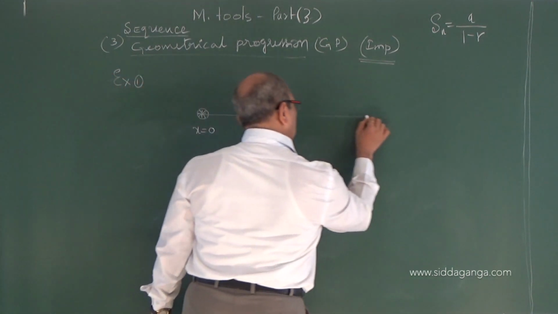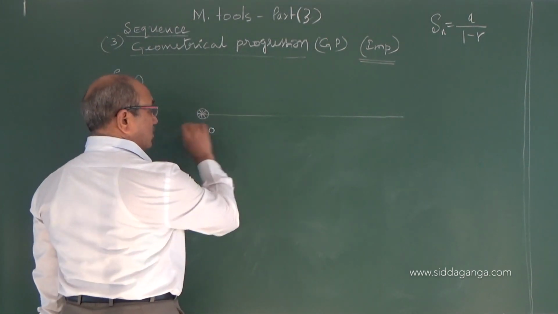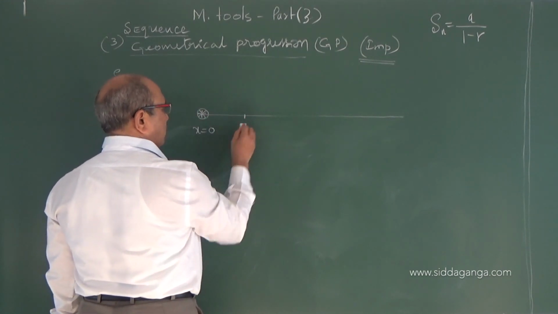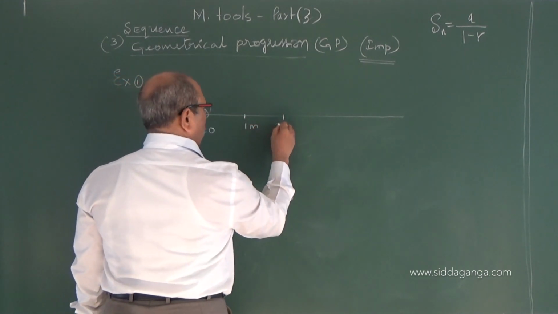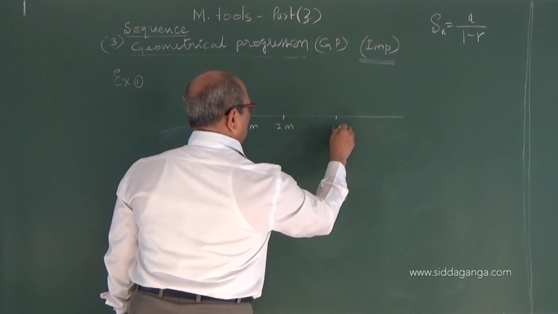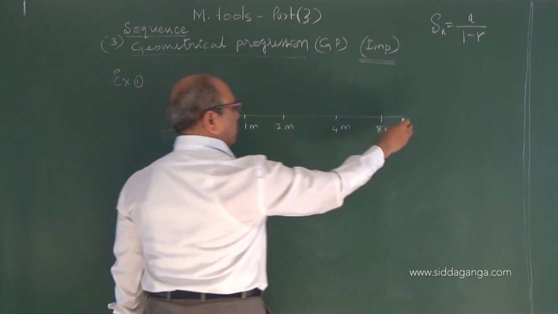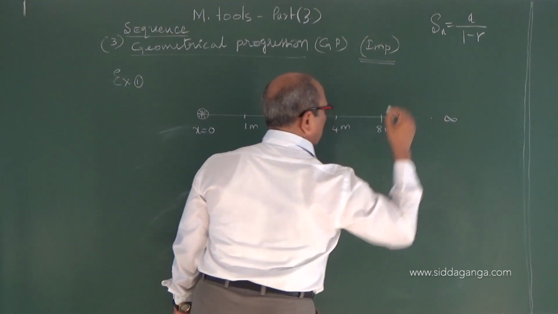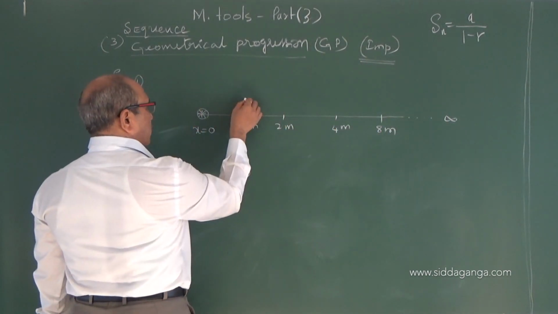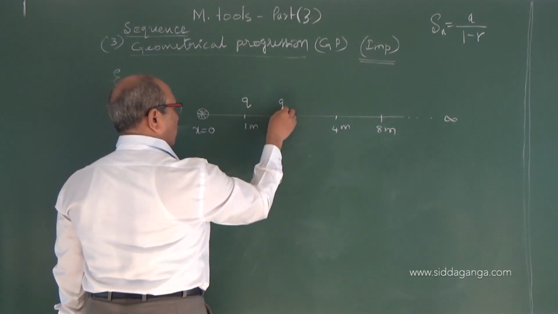So we are keeping the charges at distinct positions, say 1 meter, 2 meter, 4 meter, 8 meter, and so on up to infinity. The magnitude of each charge is q.